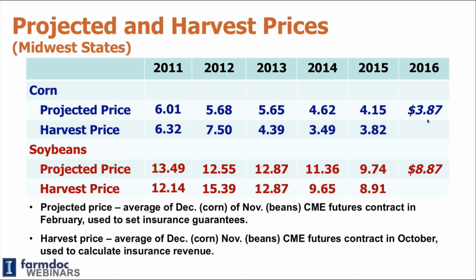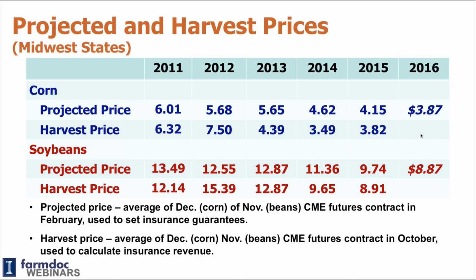They're the average of the February price, so we're not done quite yet with February. That $3.87 and $8.87 were as of last week, so we could see some variations from there. But if we had set it for the first couple of weeks in February, we would be at a $3.87 projected price for corn, $8.87 for soybeans.